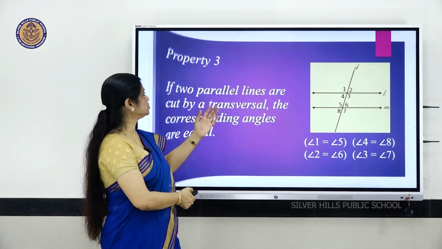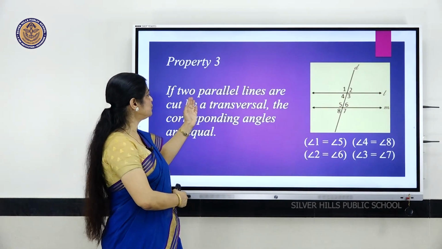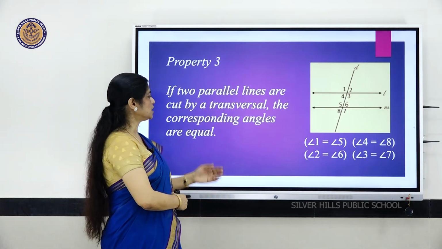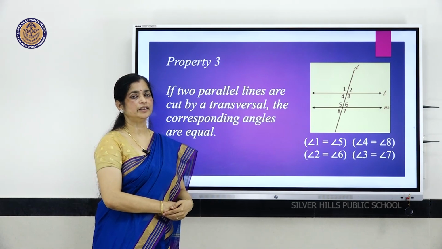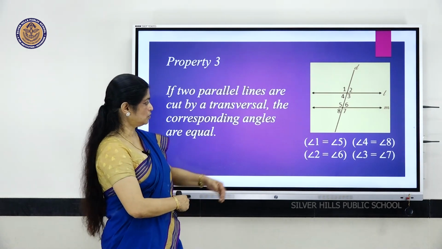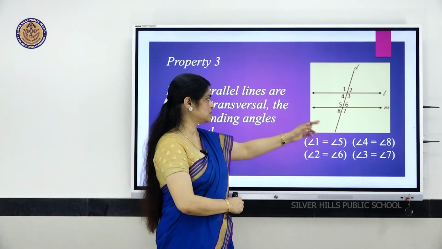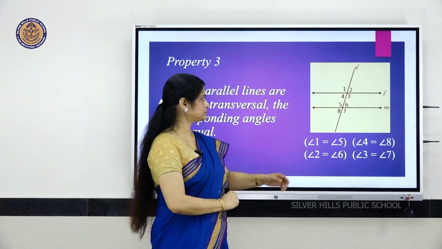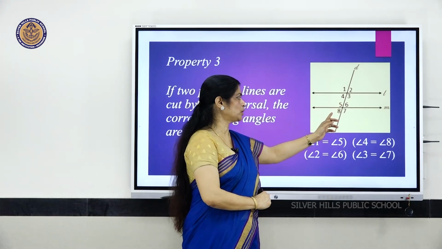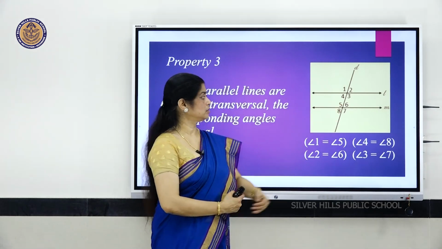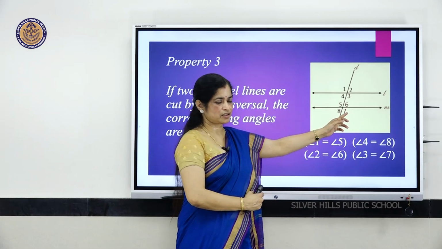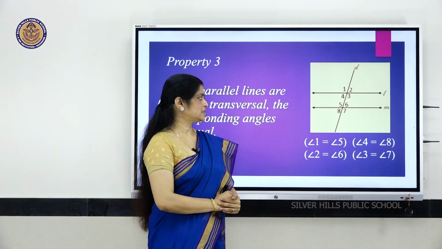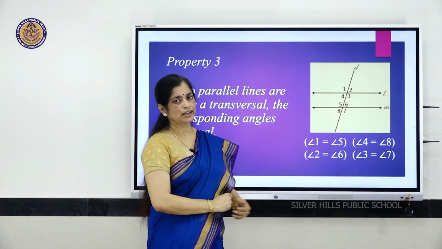Moving on to the third property, if two parallel lines are cut by a transversal, the corresponding angles are equal. Now, the corresponding angles: angle 1 and angle 5, that is one pair. Next, angle 4 and angle 8. 2 and 6, one pair. 3 and 7 are the next set of corresponding angles.